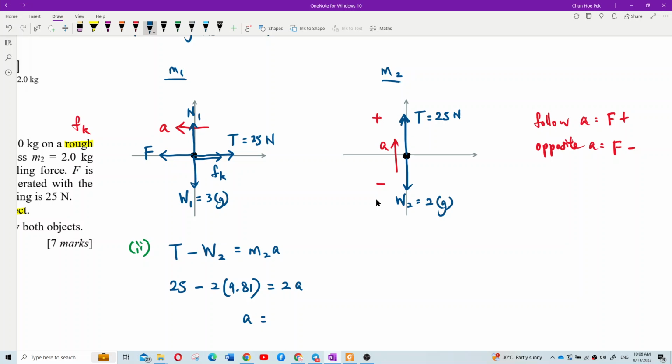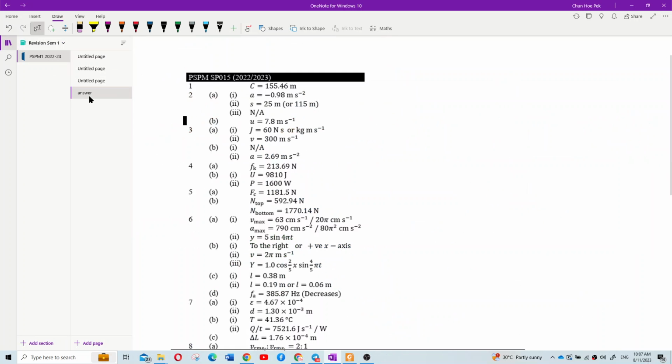Yeah, 2.69 meters per second squared. So what's the answer, class? Yeah, 2.69.